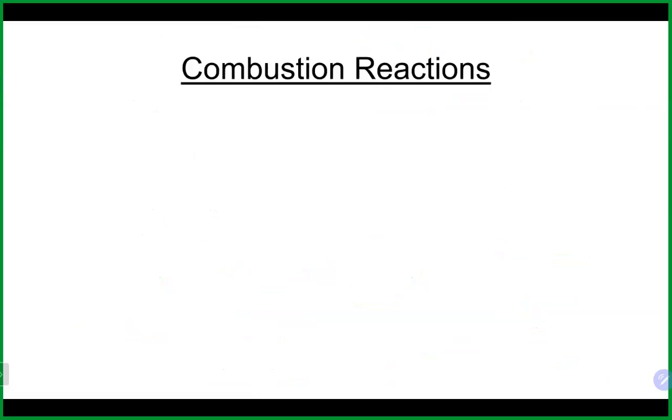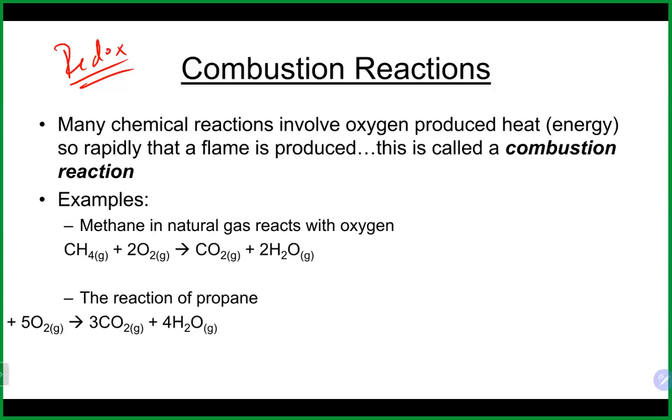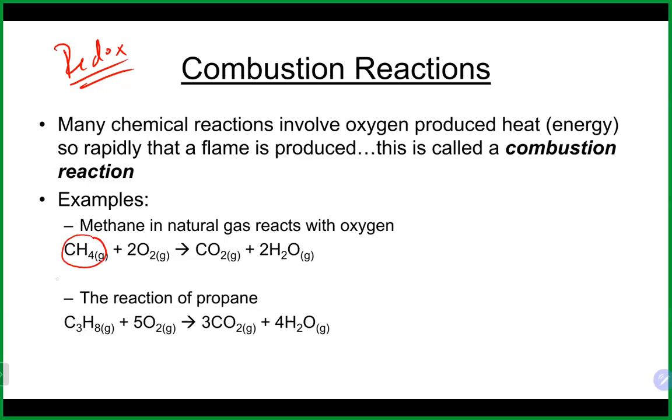All right, so lastly here, we're going to talk about combustion reactions, which also go back to redox reactions. This is the last classification that will fall under redox. The example here is an organic combustion reaction. An organic combustion reaction involves an organic molecule like methane.